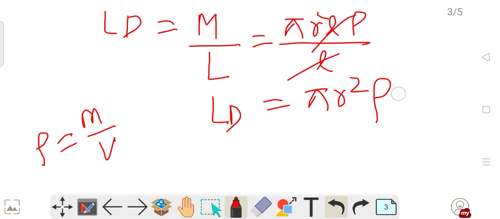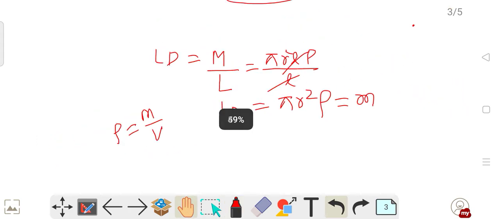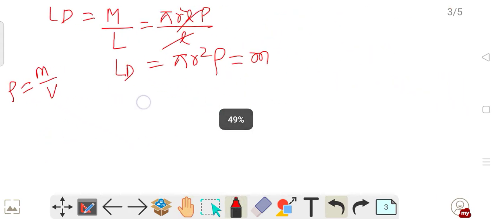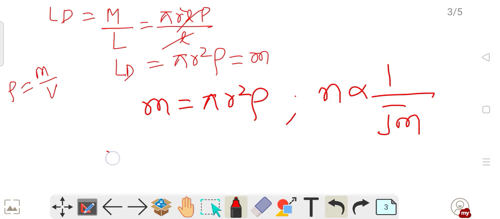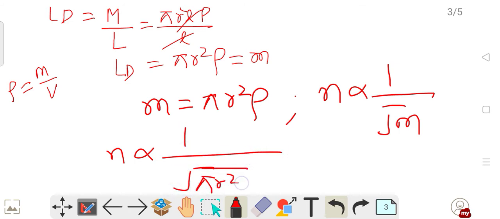This linear density is denoted by a small m, isn't it? So this small m equals pi r square rho, and you know that n is directly proportional to 1 upon root of small m. So I can say that n is directly proportional to 1 upon root of pi r square rho.